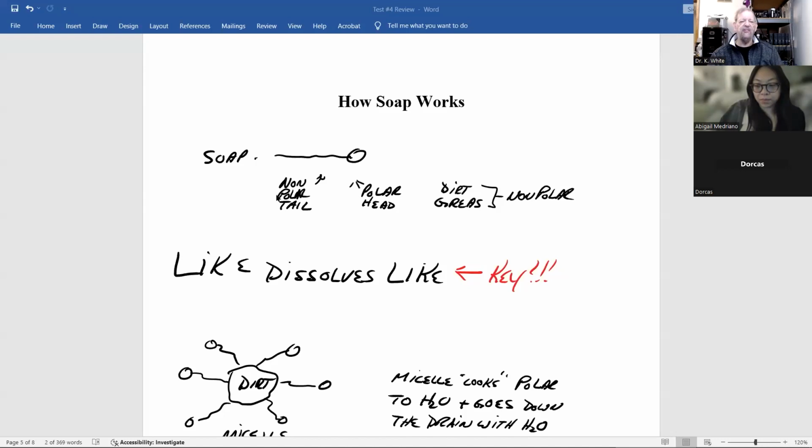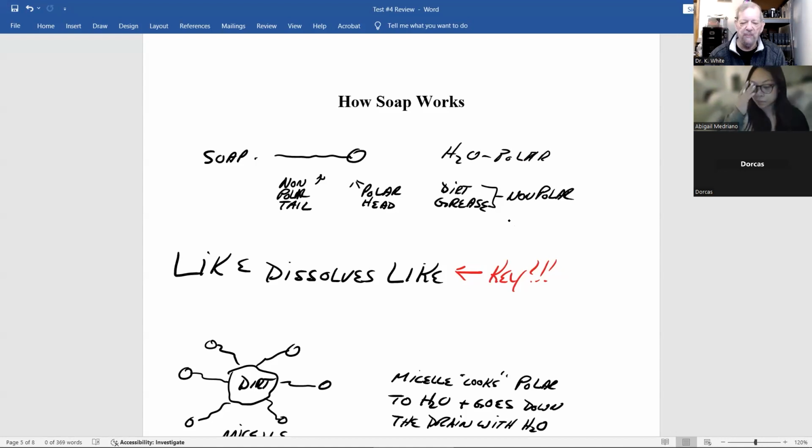You should know the structure of soap is a nonpolar tail and a polar head. And dirt and grease are polar. I don't have it here, but you should know water is the most polar thing. Remember, you did a lab there.